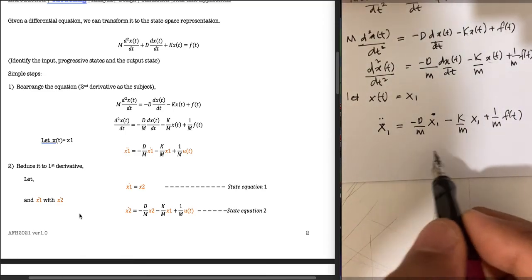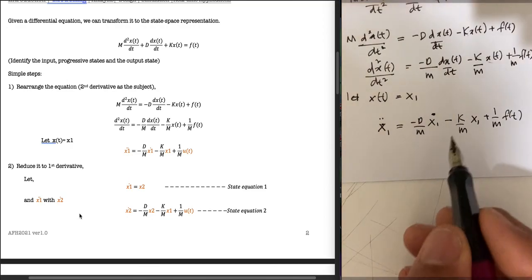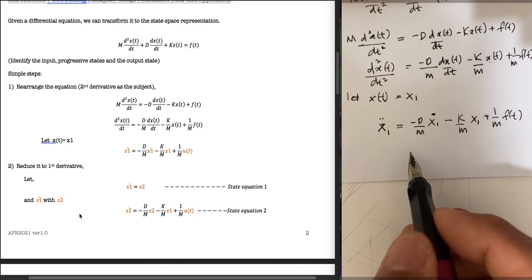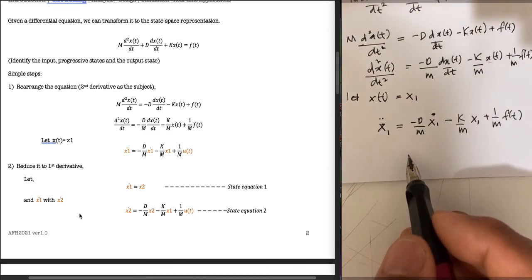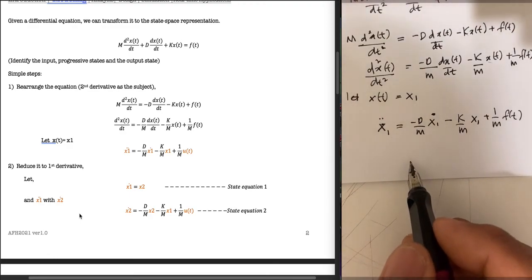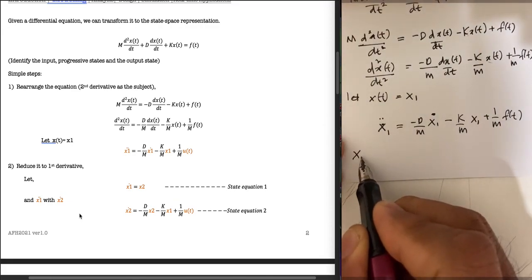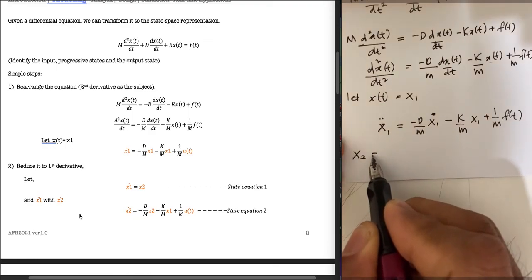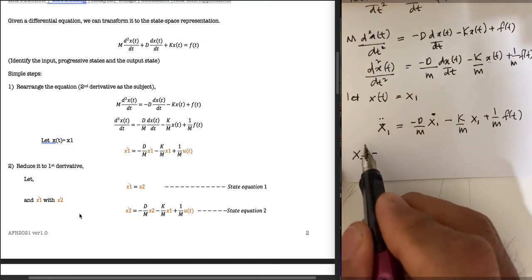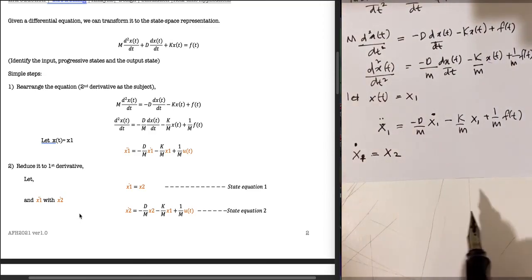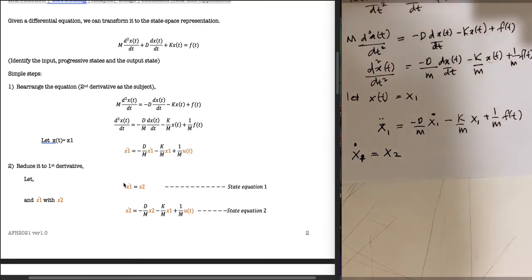Since this is a second order system, we are going to have two state equations. So we assign x2 equal to x1 dot, so x1 dot equals x2.